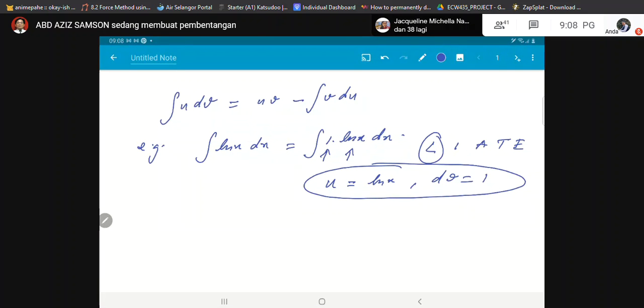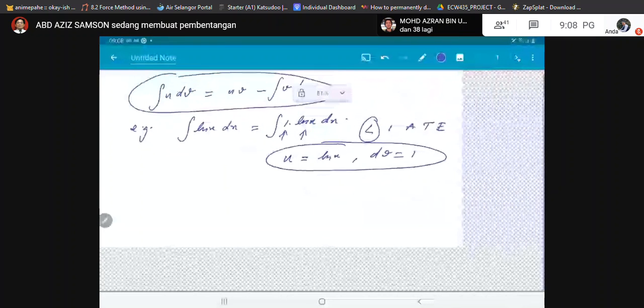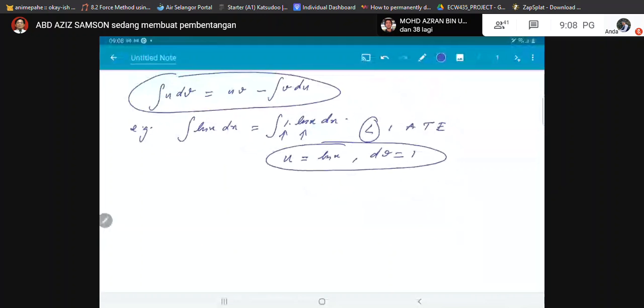When we apply this formula, the easiest way is to use tabular integration. We divide it into u and dv, so this is a table. Here we choose u as ln x, and dv is 1.